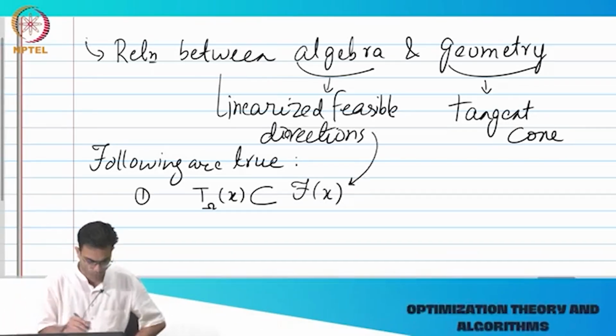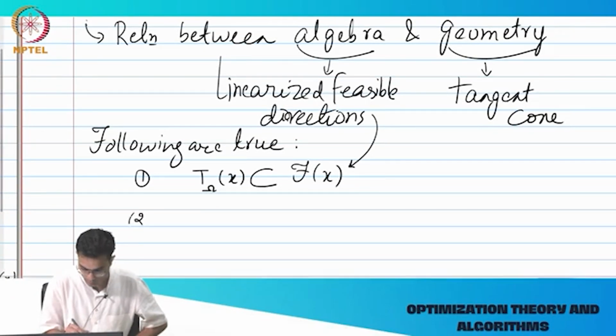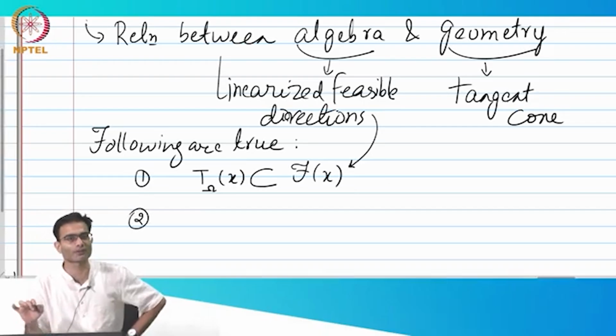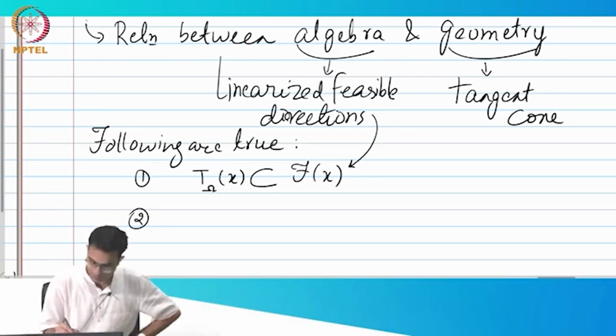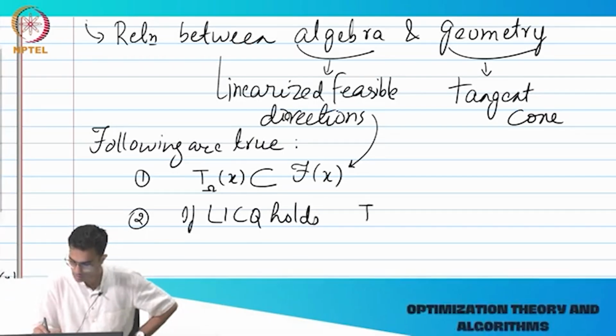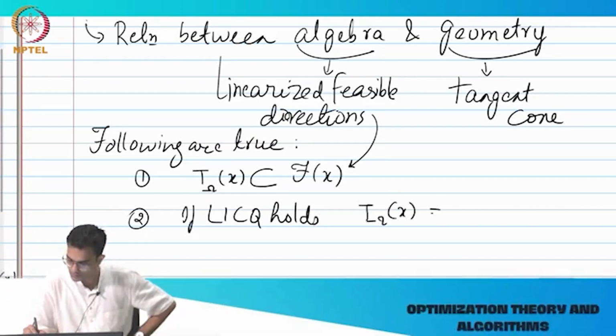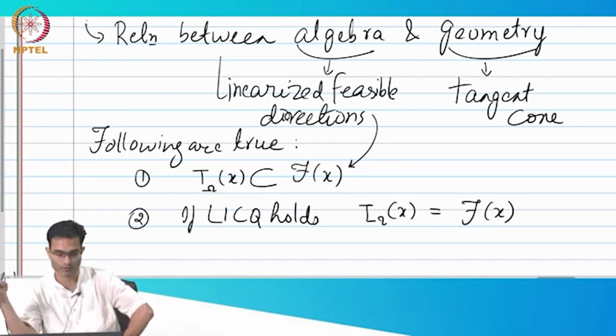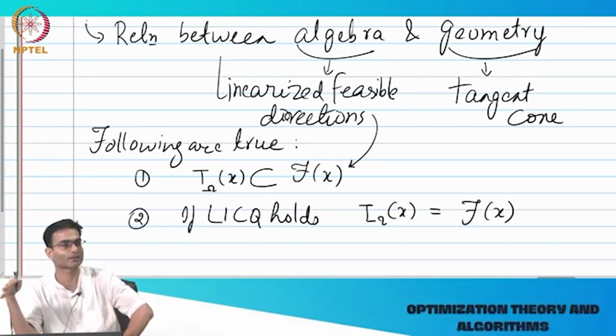I won't prove it, although the proof is quite easy. This is not very interesting. The very interesting thing is this: if LICQ holds, then these two are equal. The tangent cone becomes equal to the set of linearized feasible directions.